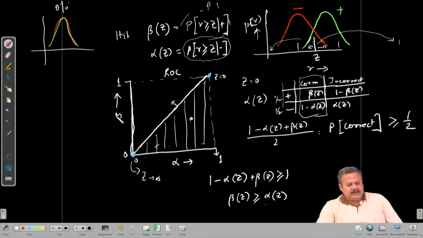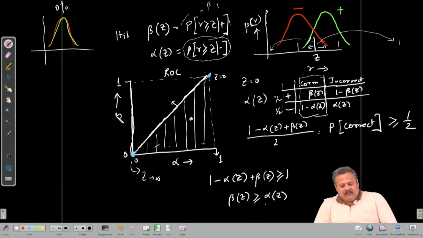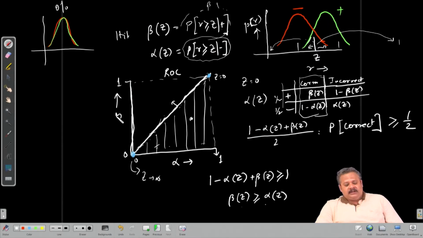So, for the 0% coherence, based on the neuronal responses, we should be getting a curve that hovers around this point, because we are dealing with limited data. So, it may go around this point, and can come into this region also. Now, as the percentage of coherence increases, the performance of the monkey for the different z values is going to improve.